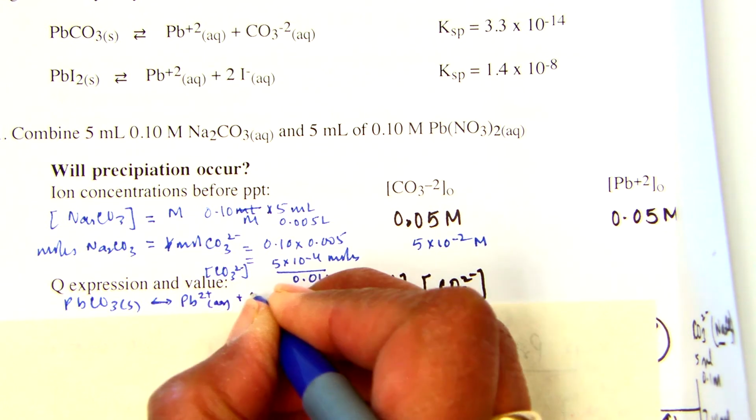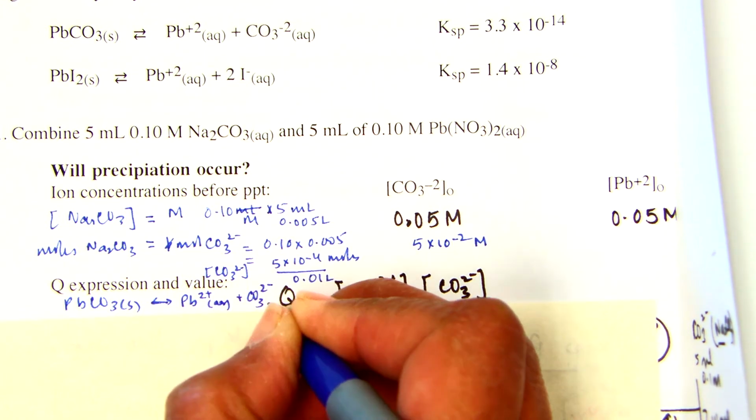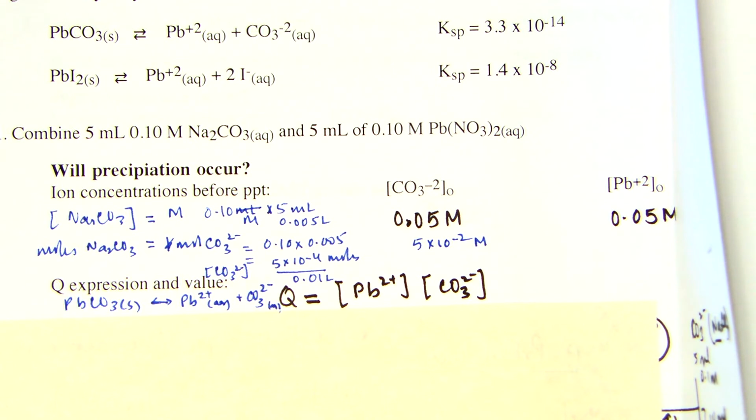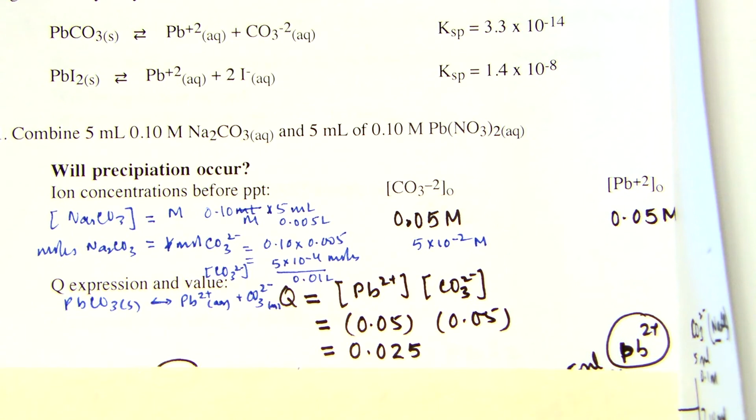So based upon this equation, we calculated Q. And now please pause the video and I want you to calculate the Q. Welcome back. After pausing, hopefully your Q value is 0.025, and note that we don't have units here because we don't write units for Q or Ksp.